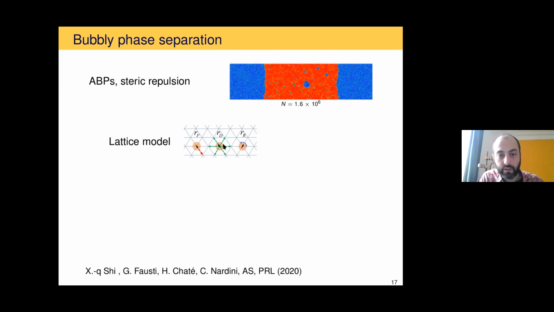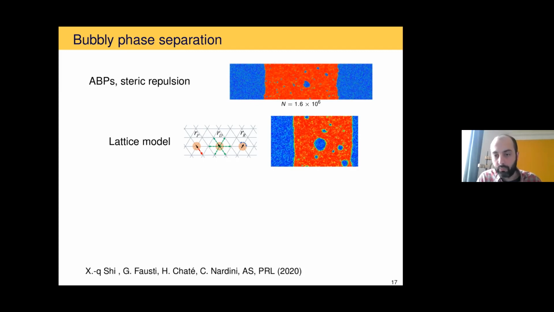And we take this kind of hexagonal lattice. With this lattice model, you see the same phenomenology for the bubbles, but numerically it's much more efficient. So we can look at large systems and really study these bubbles quantitatively.